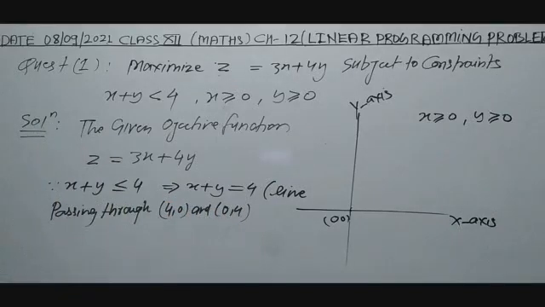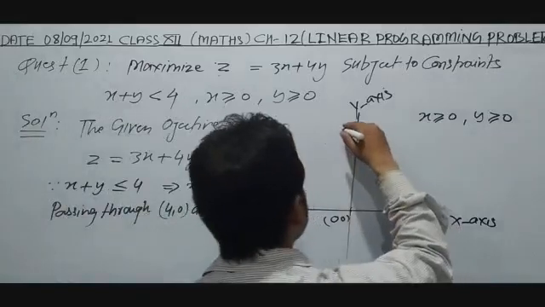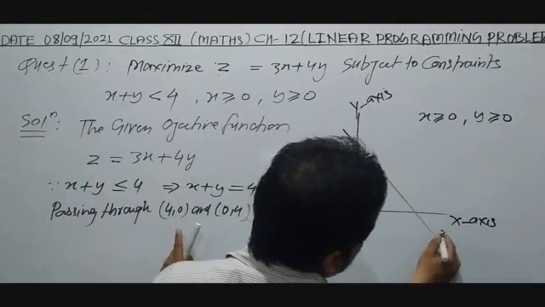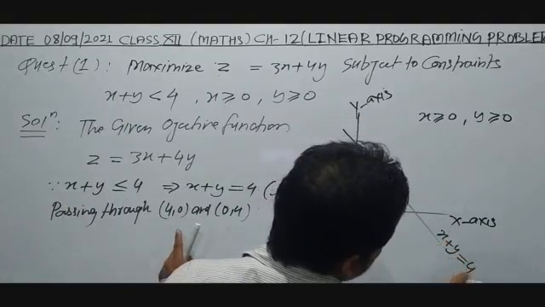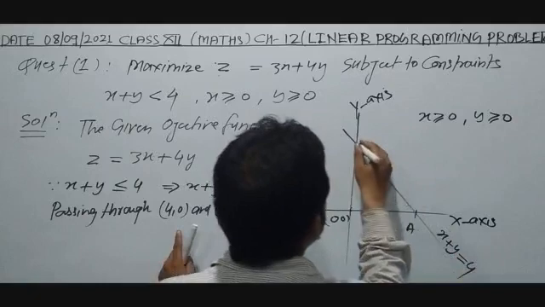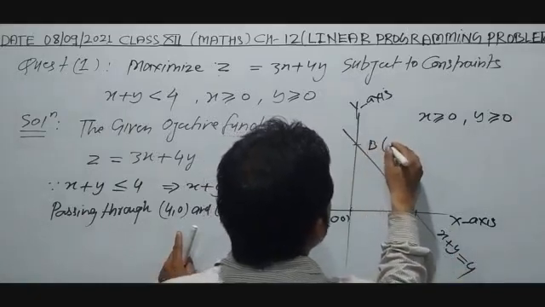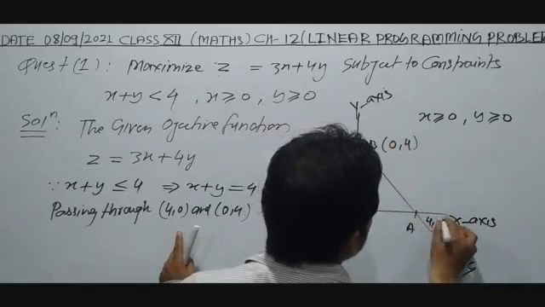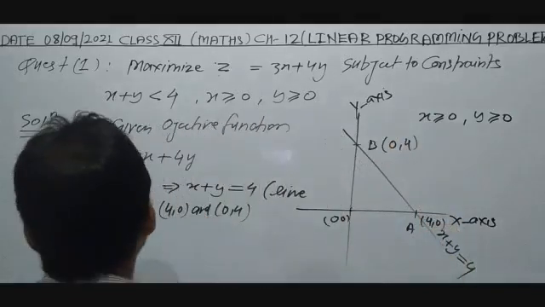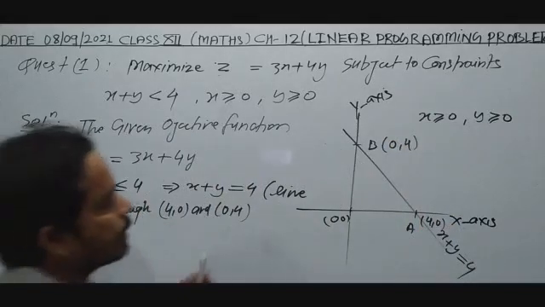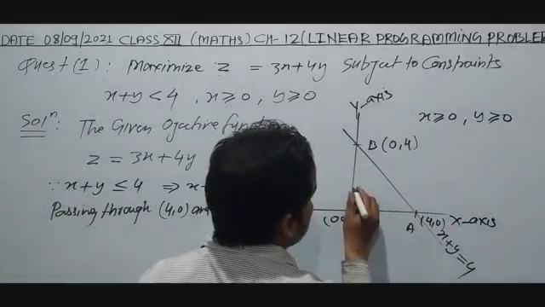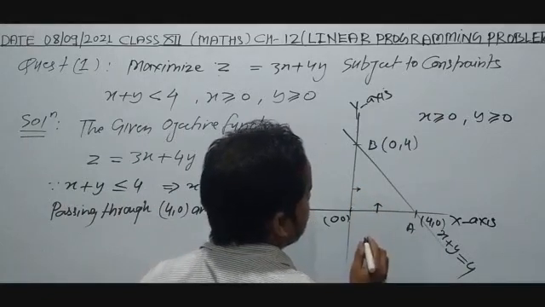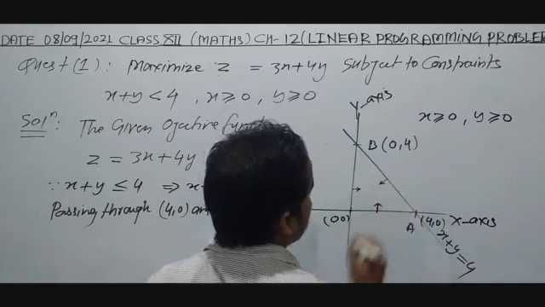Suppose this is the line; its equation is x plus y equals 4. Now A is the intersection point with the x-axis and B is the intersection with the y-axis. So (0, 4) is here and (4, 0) is here, and this side is less. So x is greater than or equal to 0 is this region, y is greater than or equal to 0 is this region, and x plus y is less than or equal to 4 is this region.